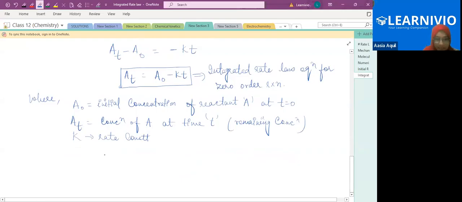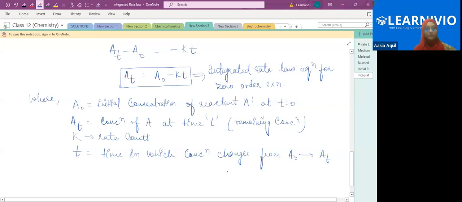And t is the time in which the concentration changes from A naught to At. Clear?